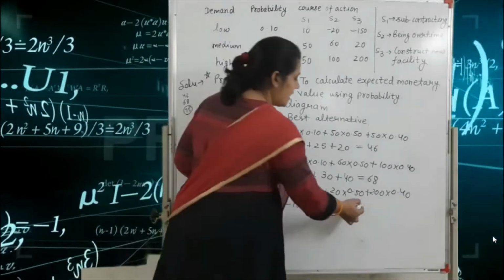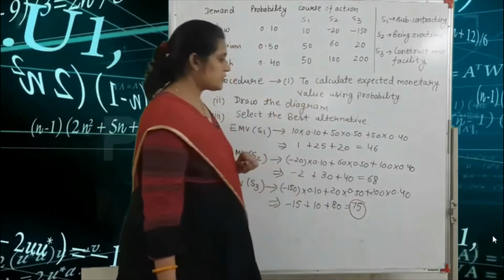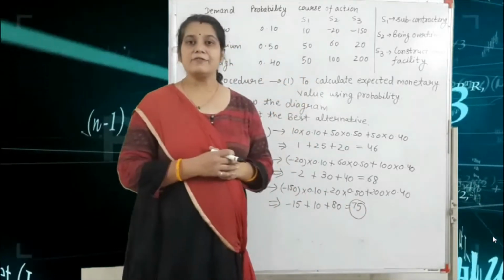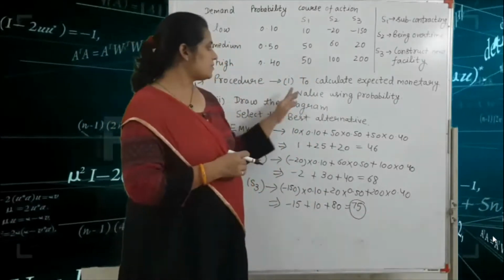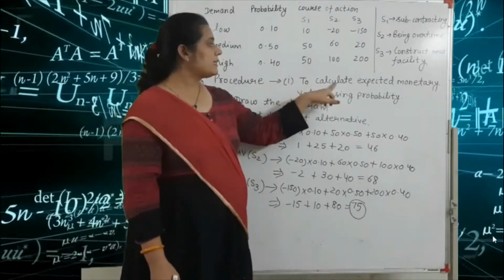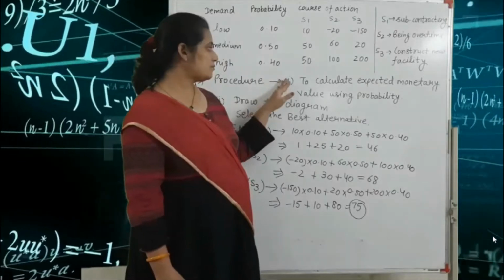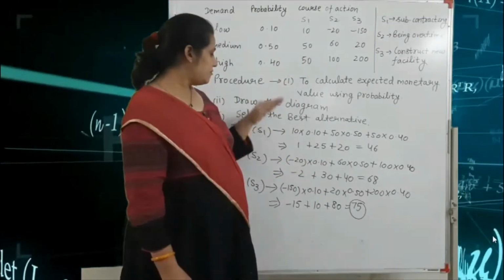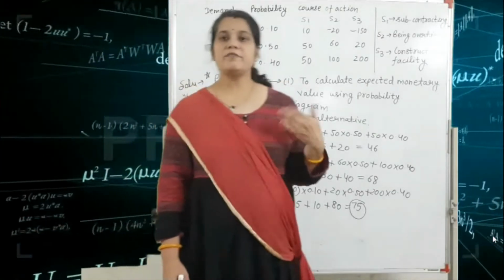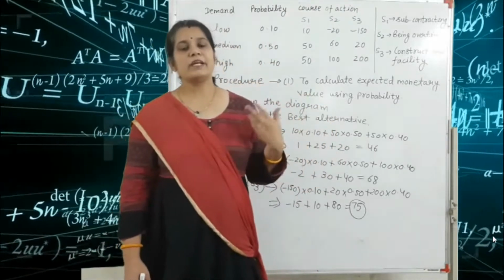So our largest value is what? Largest value is 75. So first we calculate the expected monetary value using probability. So our first point is completed. We found the expected monetary value for S1, S2 and S3.